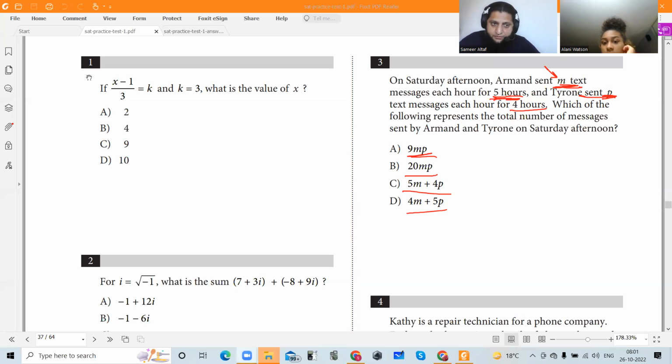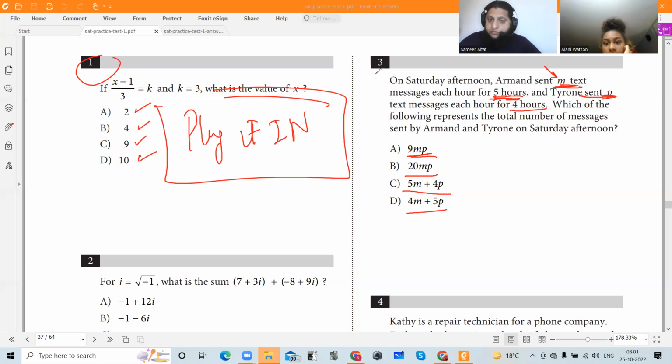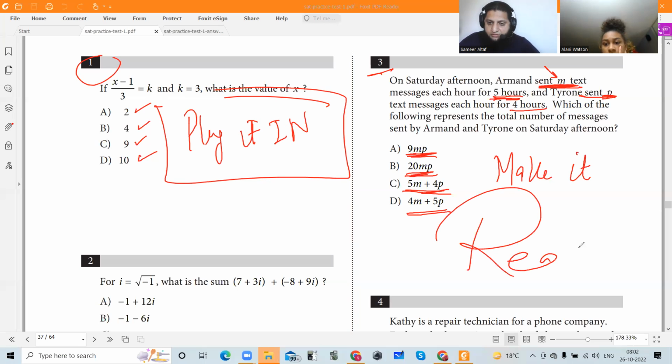The first strategy was whenever you have variables in the questions and the answers in the options, you used plug it in, you remember? Yeah. But in question number 3, if there's a variable in the question and there's a variable also in the options, then the strategy is make it real.